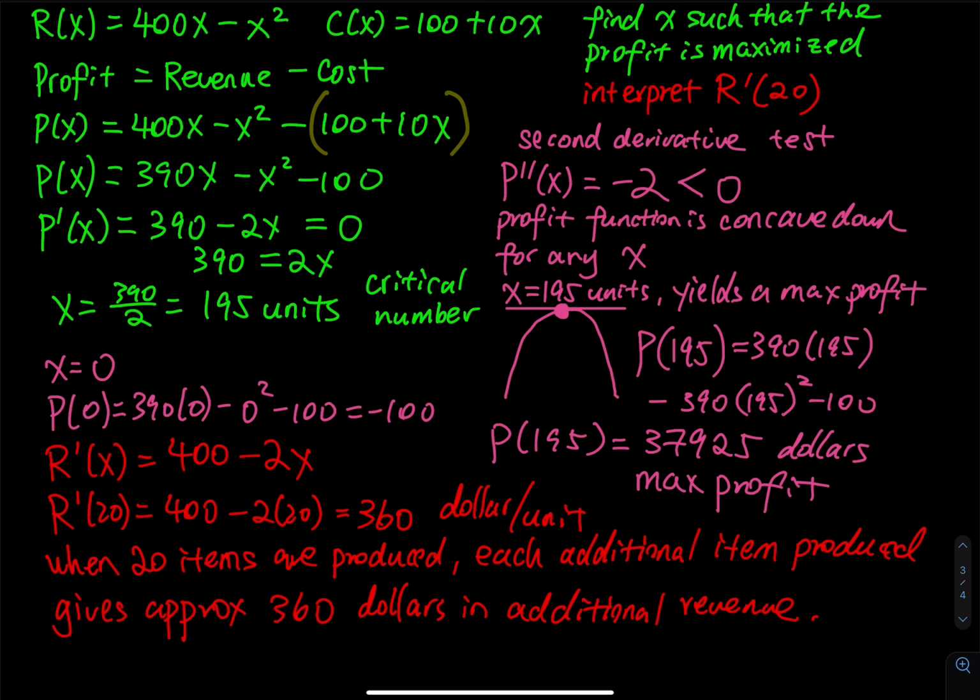All right, that is what the marginal revenue means when x equals 20, and that is also the end of this problem.